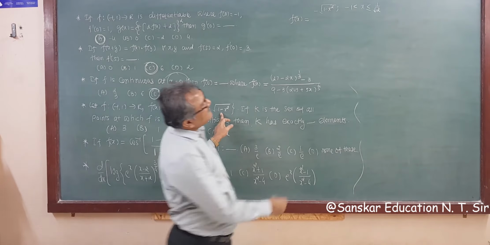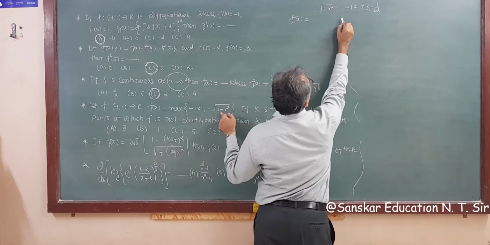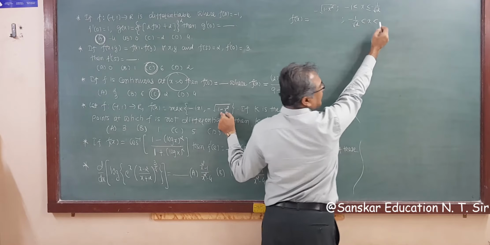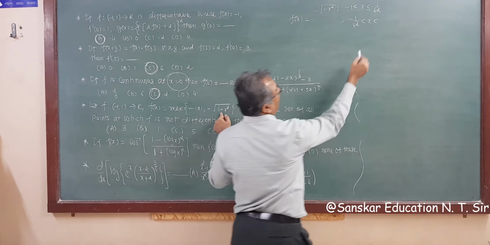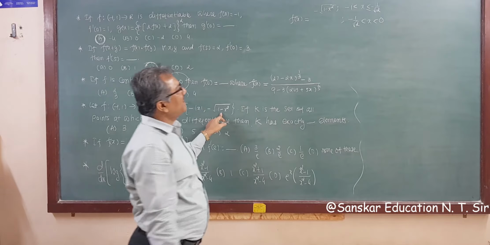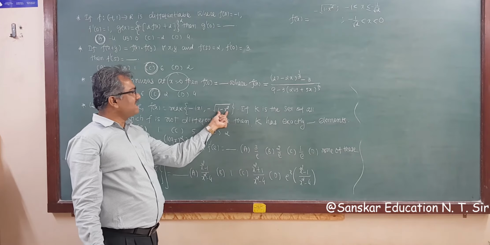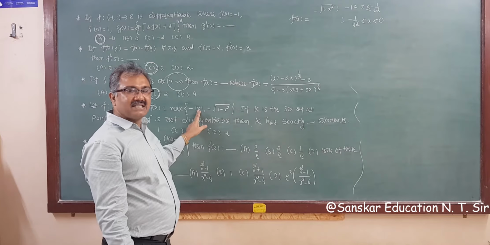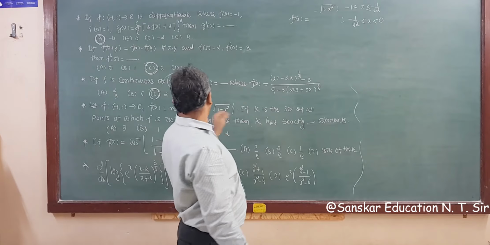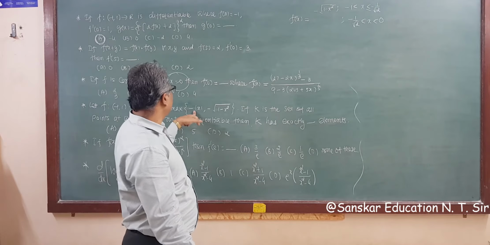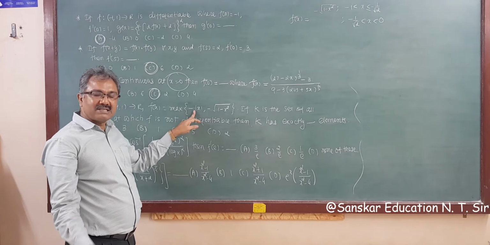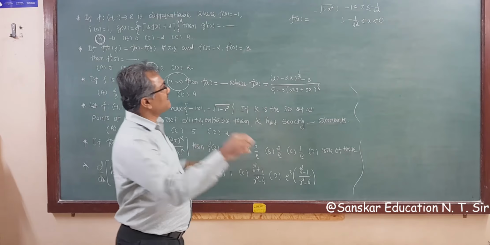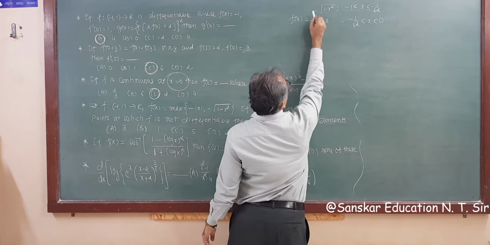Then from -1 upon root 2, I have to put minus here. So from -1 upon root 2 less than x less than 0, right? So suppose you are taking -1, then this is 0 and this is +1. So this is the maximum value, right? So the maximum value at that point is your x, because if you take a minus value, this is minus and this minus minus plus, so the answer is your x here.